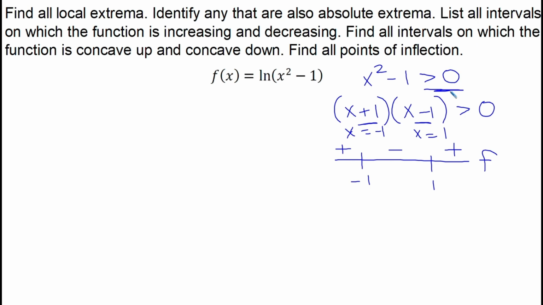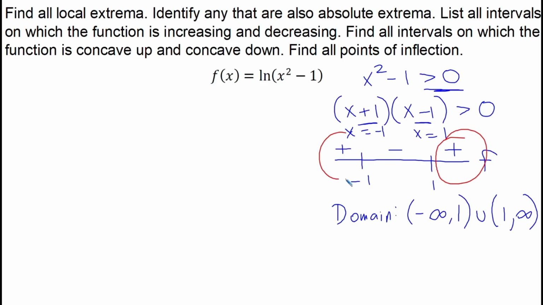So that's going to be a domain for us of negative infinity to negative 1, and then 1 to infinity, right? The two sections where we got positives, not the section where we got negatives. So we have a big gap in our graph between negative 1 and 1.